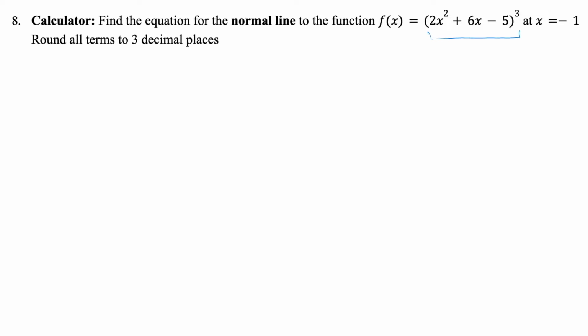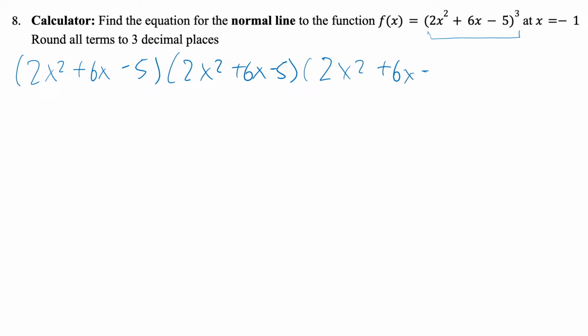So now we're going to try to simplify this term by distributing 2x squared plus 6x minus 5 three times. So we're going to do the first two.